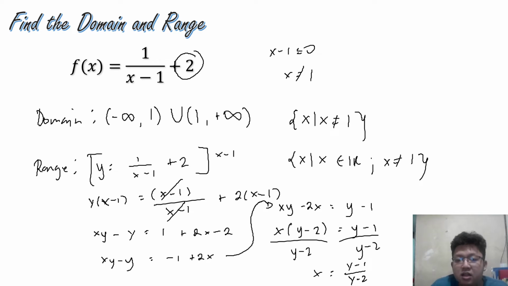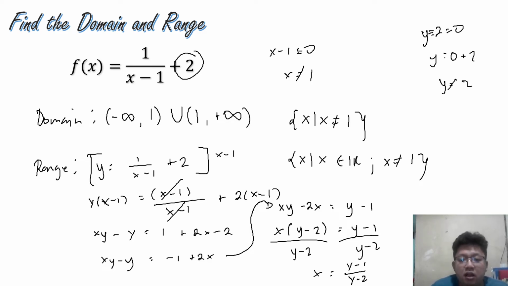Now, as we can see, class, we have y minus 2 in our denominator. So here, we follow what we did for the domain, wherein we equate this to 0 so that we can get the value of y that is not part of our solution. So y minus 2 equals 0. We simply add 2 on the other side, then we have y equals 2, and 2 is not part of our solution.